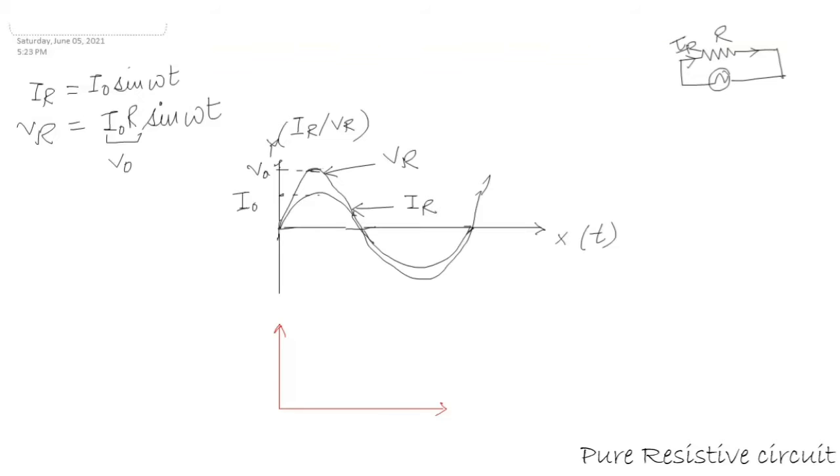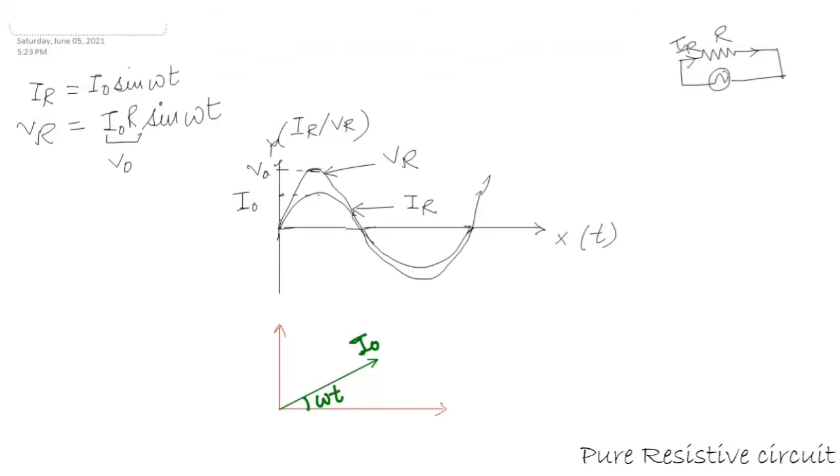From the superposition principle we learned in the first lecture, we can consider IR as a vector with magnitude I naught and angle omega t with the x-axis, and VR as another vector with magnitude V naught and angle omega t. We have learned how to draw this in the superposition video lecture. So this is a vector with value I naught and angle omega t with the x-axis.